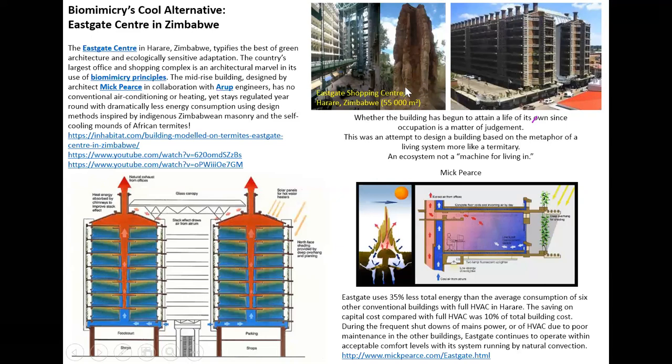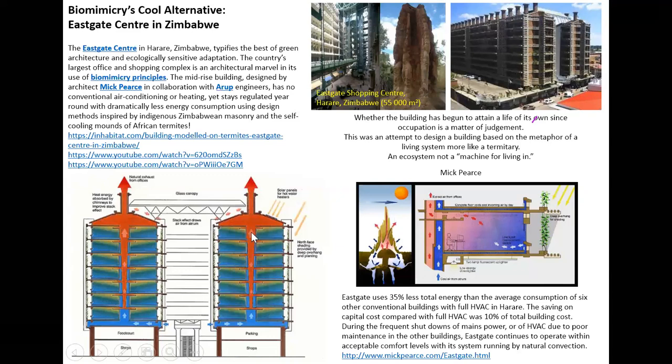So the hot air rises through the termite mound and the cool air comes in through the edges. And lower down here in the middle of the page, you can see a sketch of how the cool air comes in and the hot air rises and escapes. So that's pretty much the design of this building.